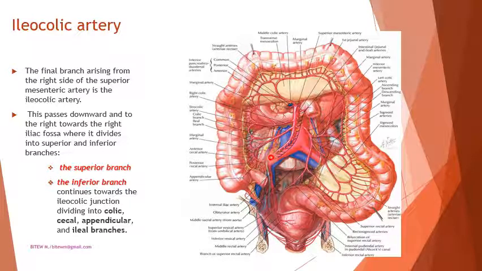Finally, the inferior branch anastomoses with the termination of the superior mesenteric artery. This is the termination part of the superior mesenteric artery, and finally it anastomoses with this part.